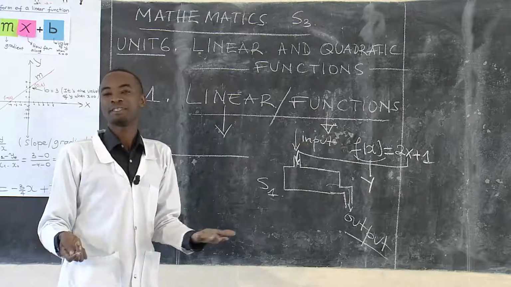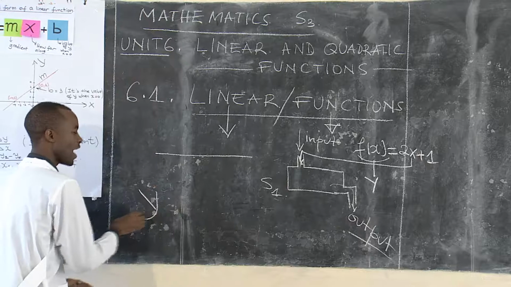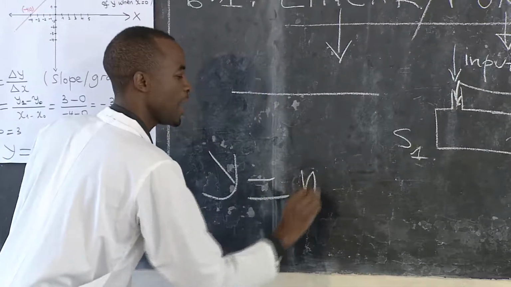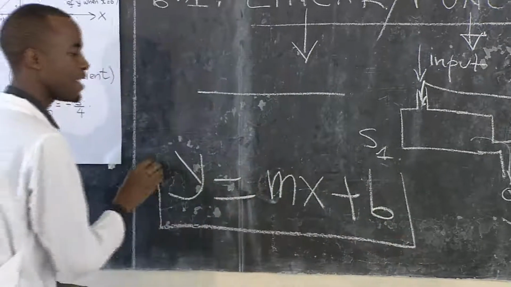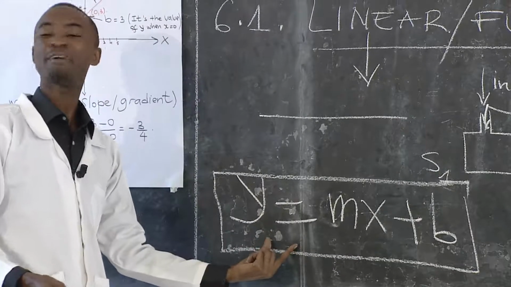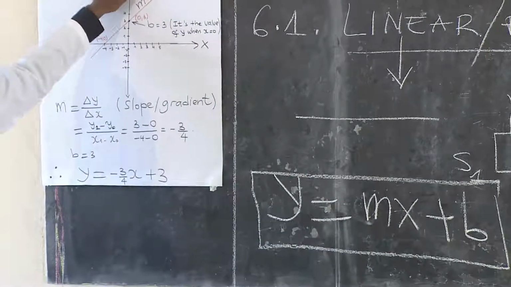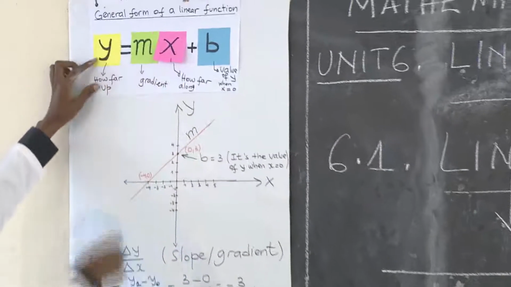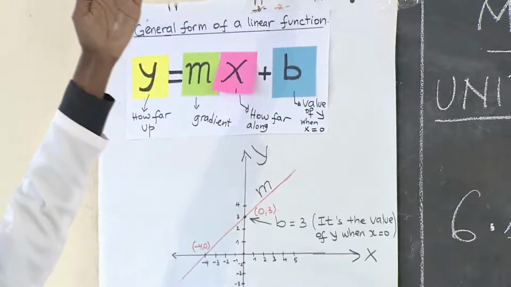In a few words, any function of the form y = mx + b is called a linear function. Look here, I have tried to put in different colors. We have y, which explains how far you are going up.